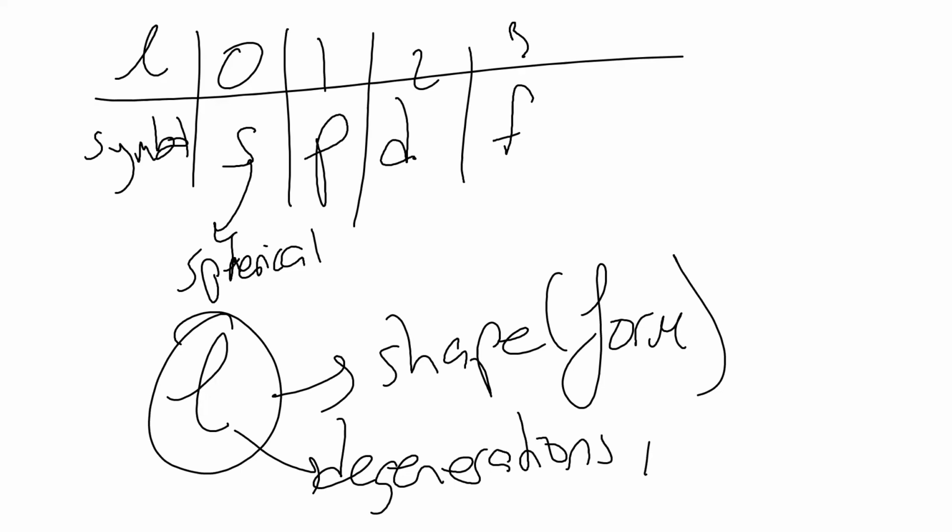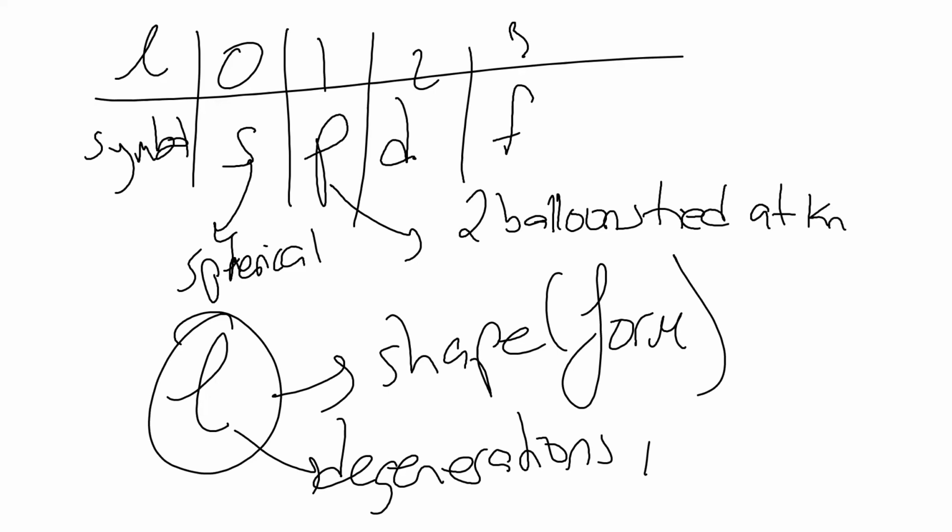So S is spherical. The shape of P is 2 balloons tied at knots, like this. D is 4 balloons tied at knots. And F is 8 balloons tied at knots.